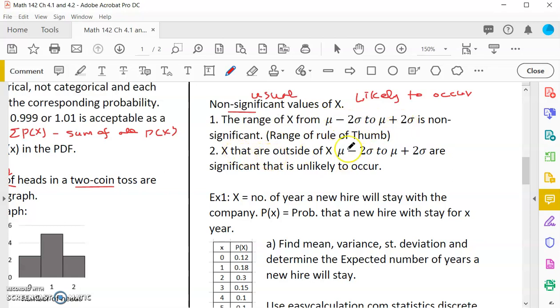Values that are outside of this range are significant. They are unlikely to happen, and you will be surprised to see them, right? So by looking at a PDF, you can see what to expect to see and what not to expect to see. We'll do examples in the next video.